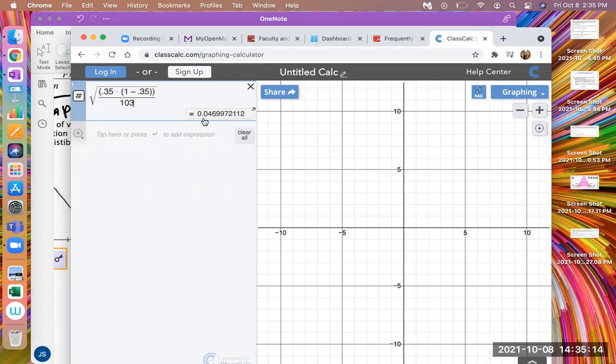So the answer here is 0.04699. I probably want to keep this accurate to at least 4 decimal places or more than I need in my final answer. 0.0469.